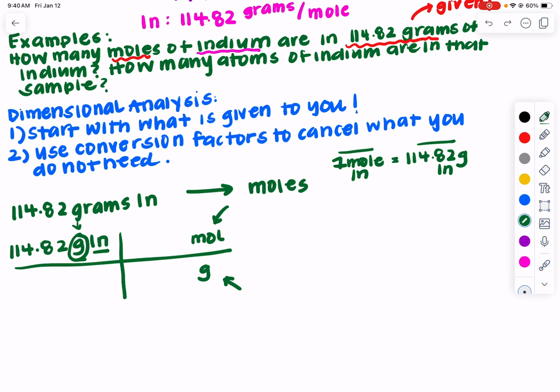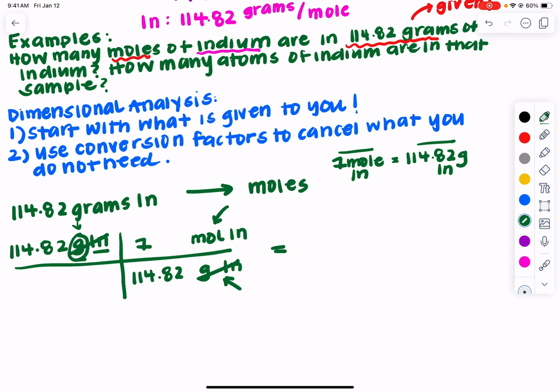So we just really fill this out. All the information is given to us. It's either given to us in the problem, or it's on the periodic table, or it's Avogadro's number. So if we do this, we can cancel grams.